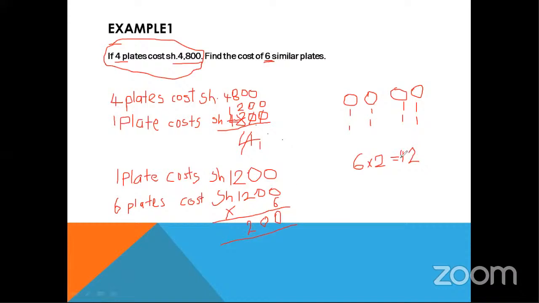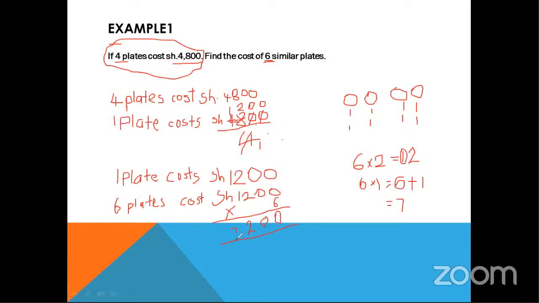Before you add what you are carrying, first multiply 6 times 1. 6 times 1, you will get 6. But we regrouped 1. We have carried 1. So that 1 plus 6 gives us 7.